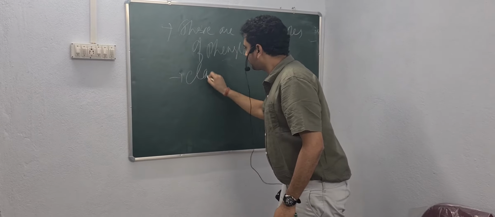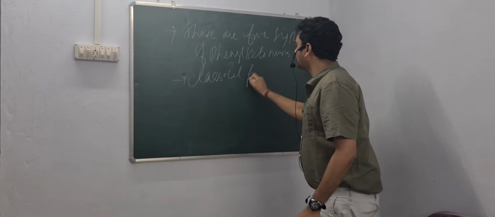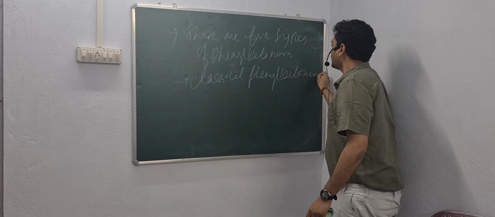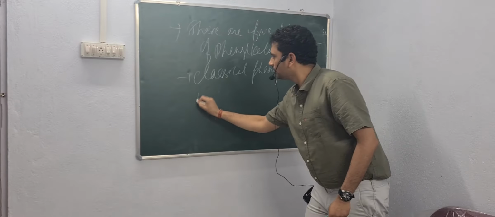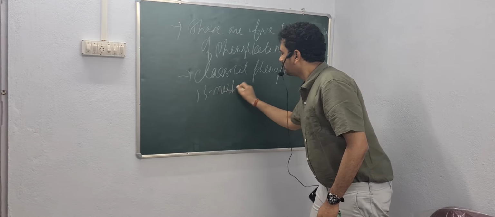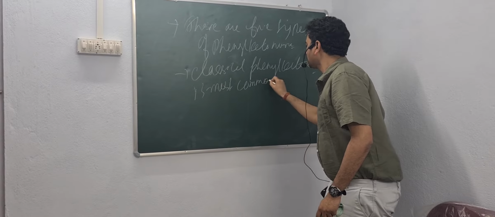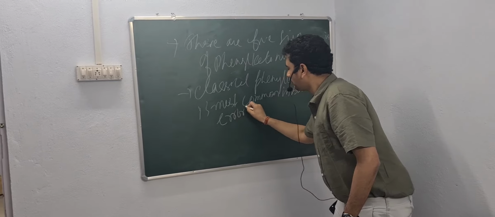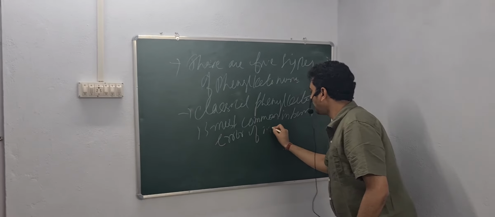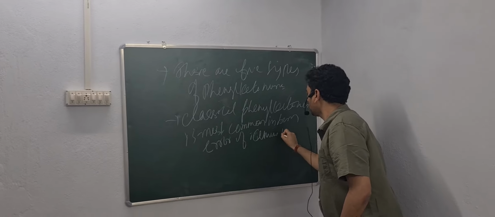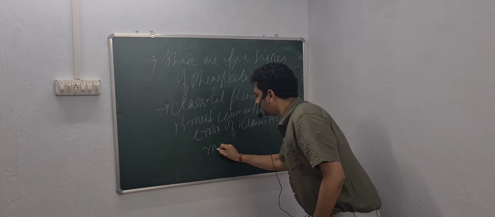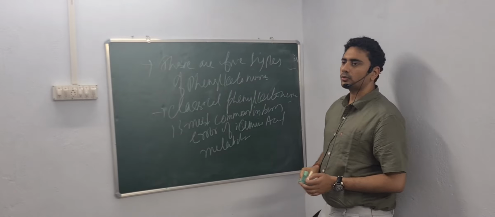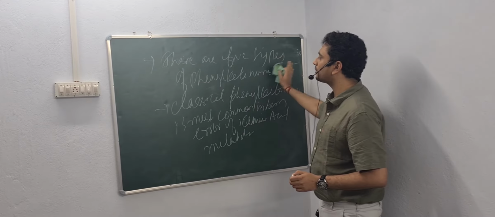Classical phenylketonuria, that is PKU1, is the most common inborn error of amino acid metabolism. So this is the most important point.